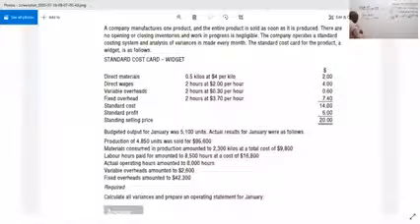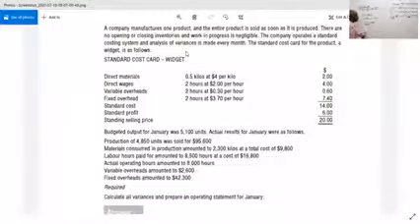And then, of course, we have the actual hours. It will be the actual hours that were worked, which were 8,000.